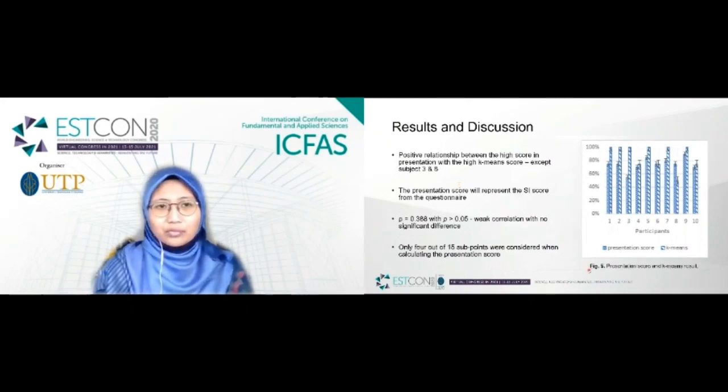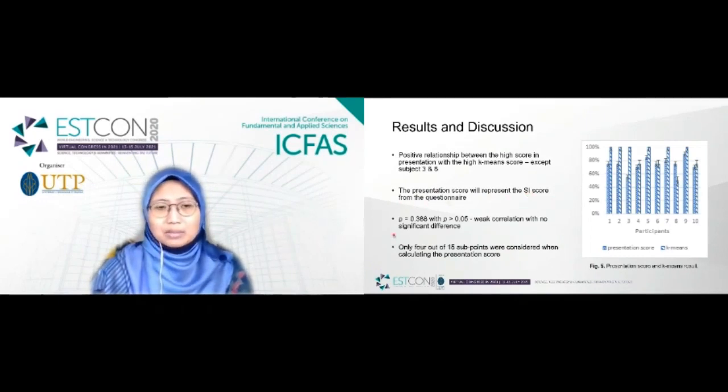Based on figure 5, there is a positive relationship between a high score in presentation and a high k-means score, except for subject 3 and also subject 8. The presentation score represents the situational interest score from the questionnaire.